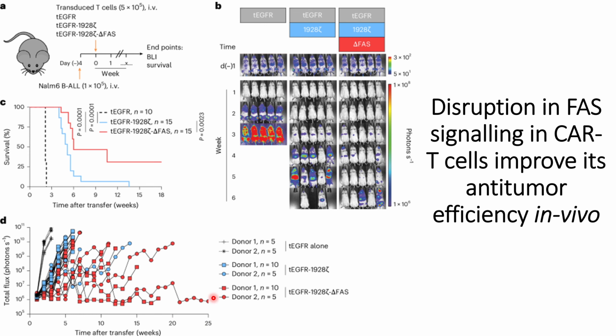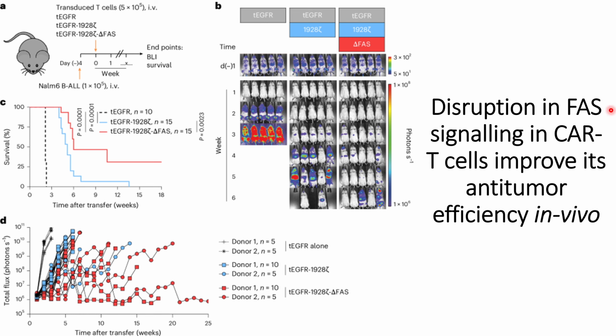So this together indicates that even in vivo, the relationship between FAS and CAR T cells is inverse. FAS is inversely related to the CAR T cells in vivo also.